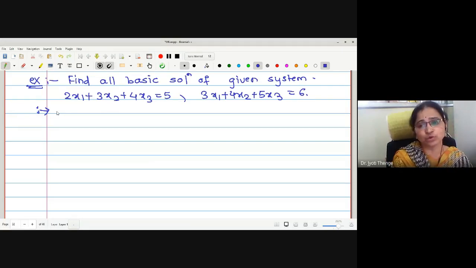So, how many basic solutions exist for this problem? How many variables do we have to keep zero? Two equations in 3 variables. To make the number of equations and variables the same, I have to keep one variable zero.